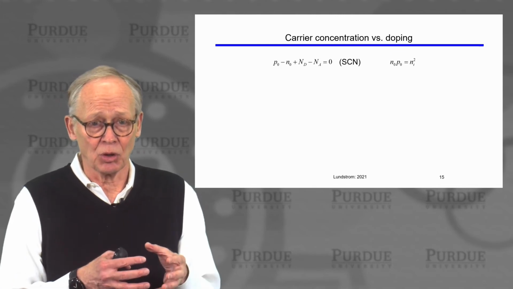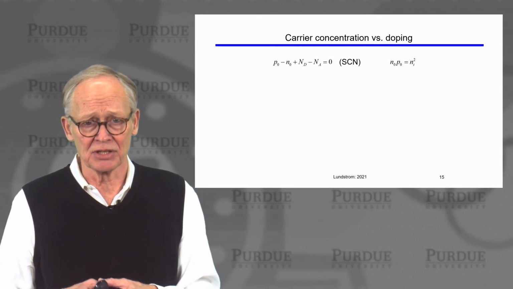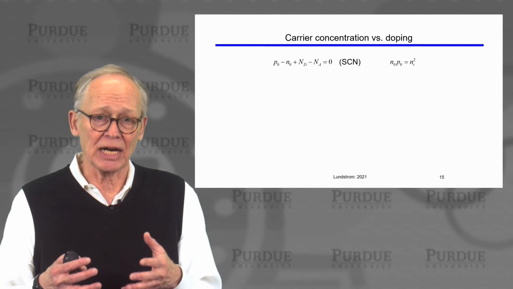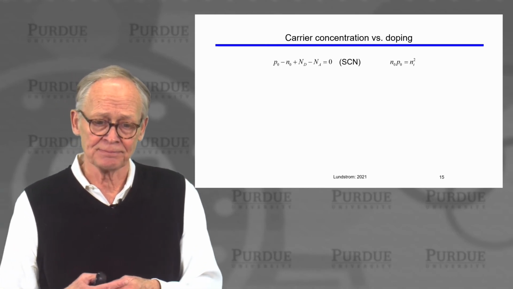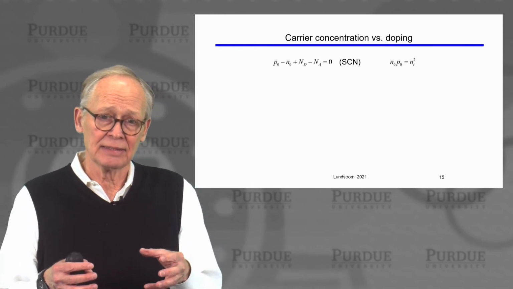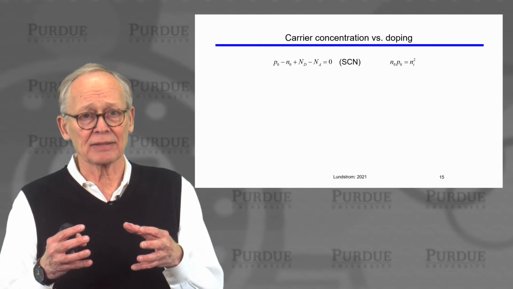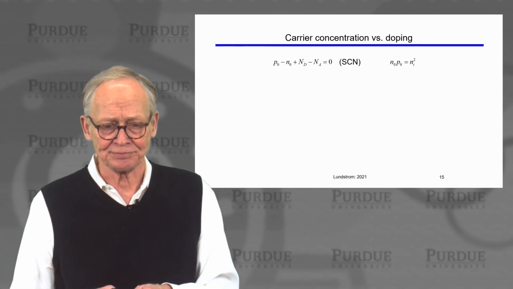We have mobile holes that are positively charged. We have mobile electrons that are negatively charged. At any finite temperature, some fraction, maybe all of those dopants are ionized and they're charged as well. Well, overall, the mobile charges are going to move around and cancel. Positive charges will cancel negative charges, and we expect overall to have a neutral semiconductor after that process occurs.